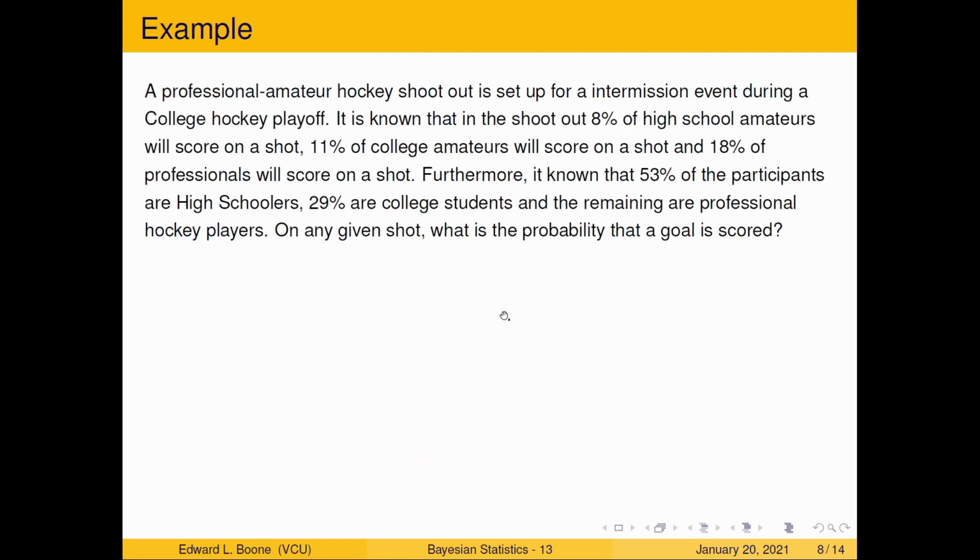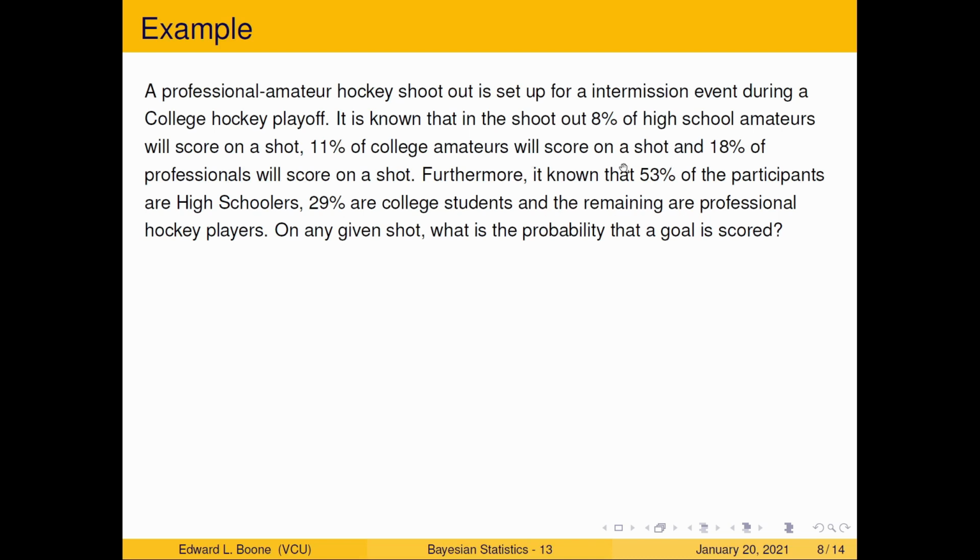Okay, so let's look at an example of this. There's a professional amateur hockey shootout. It's set up for an intermission event. So during a hockey game, there's an intermission, and there's going to be this shootout. It's known that 8% of high school amateurs will score a shot. So if they went out there and slung the puck down the ice, 8% of them would actually score. 11% of college amateurs will score, and 18% of professionals will score on a shot.